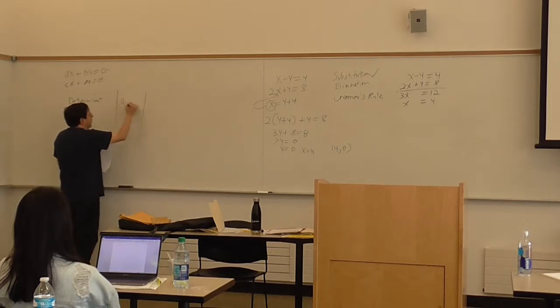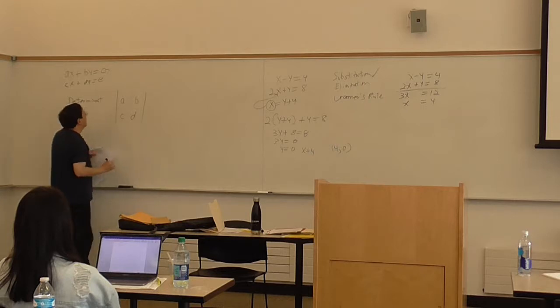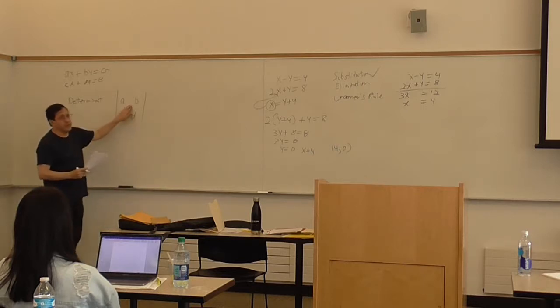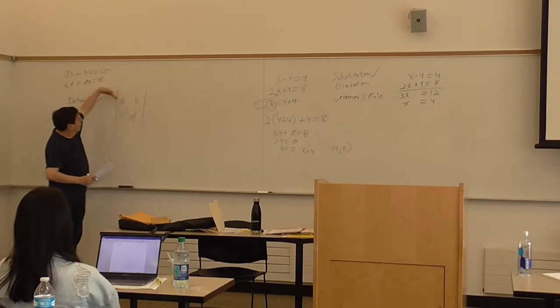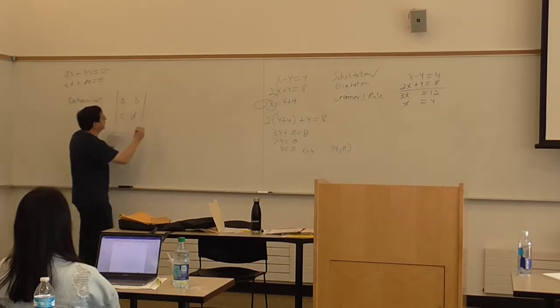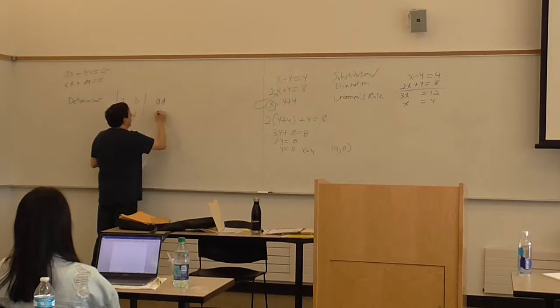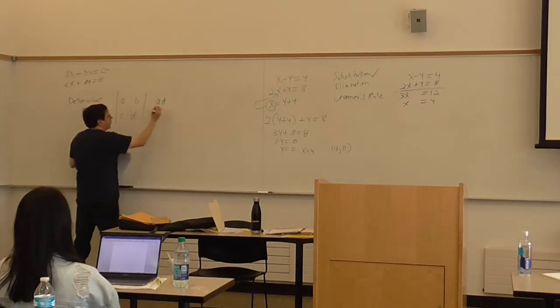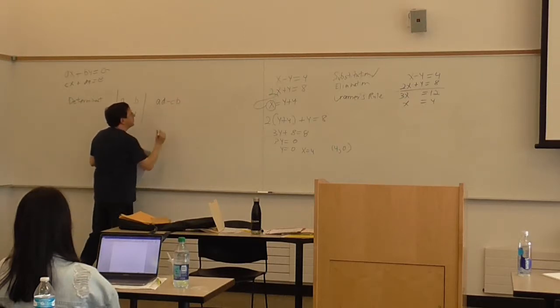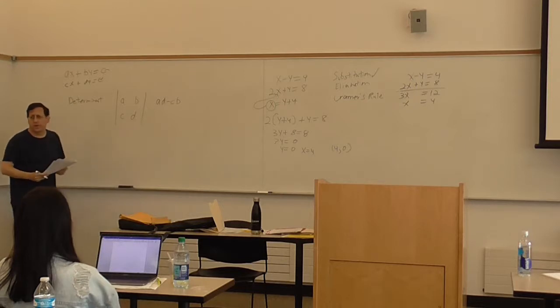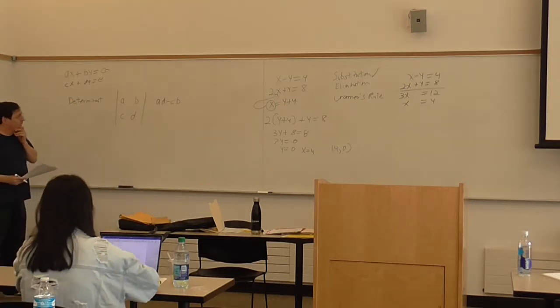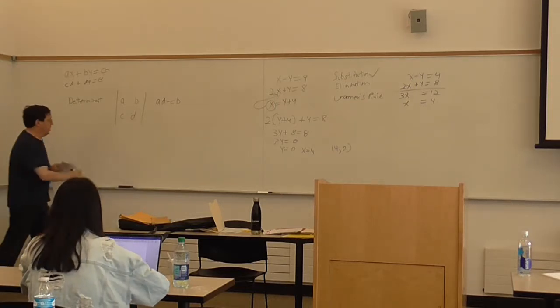And we're only interested in a 2x2 matrix for our purposes. So the determinant of this matrix we figure by doing the following. We multiply this diagonal, AD, and we subtract this diagonal, CB. And that's our determinant.